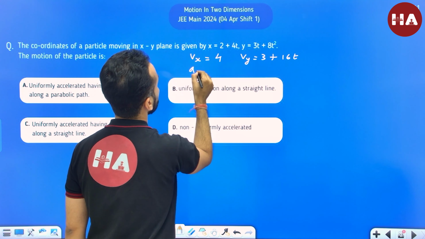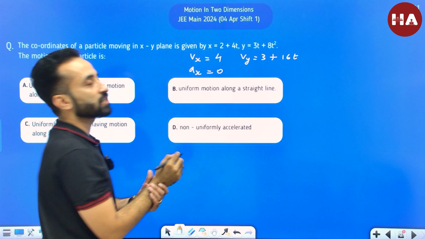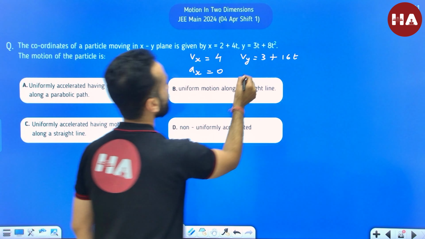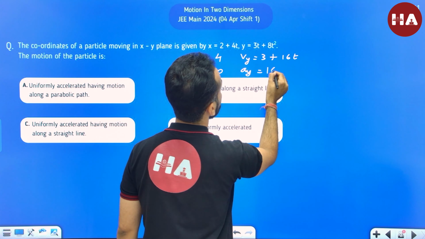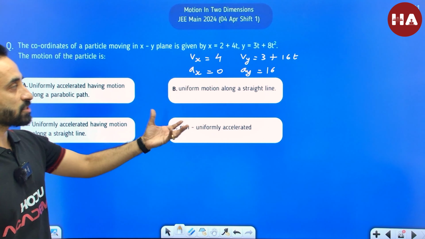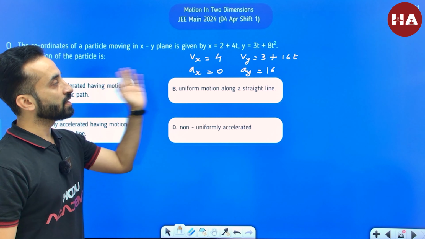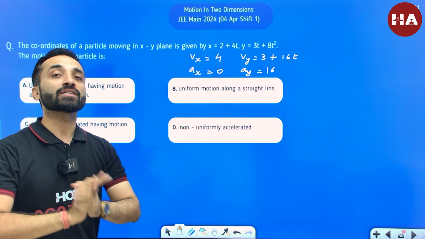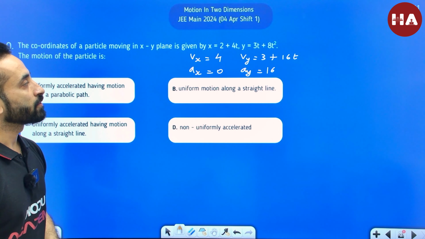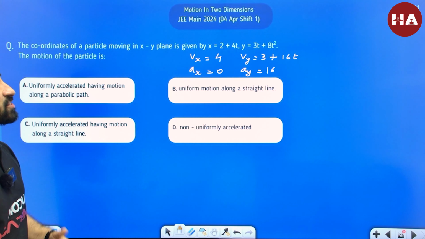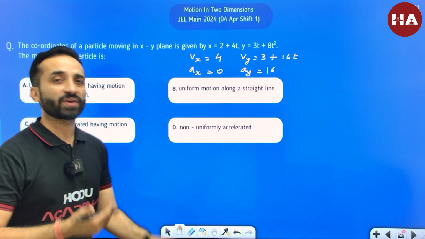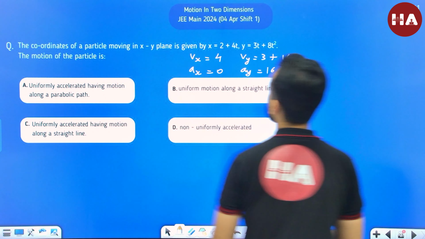We differentiate it further, so we get acceleration in the x direction as 0 and acceleration in the y direction as 16. So clearly it's showing that the acceleration is uniform, it's constant, it's not changing with time because there is no term of time left here, right? And how about the trajectory? Because the options state whether it's a straight line or a parabolic path. So let's do one more thing.